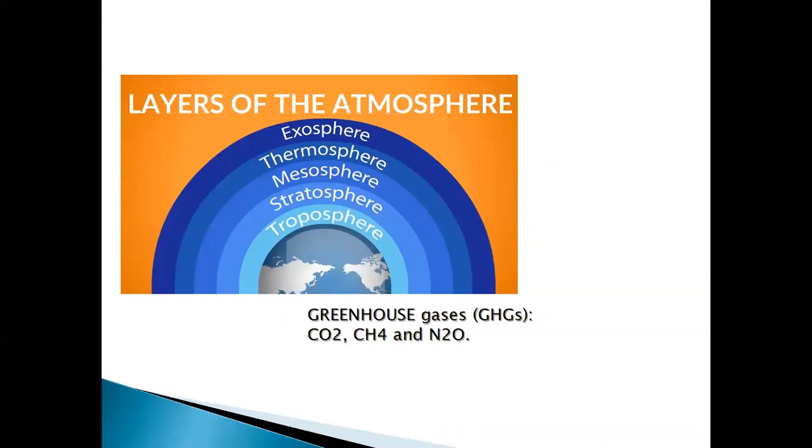No, they don't destroy the ozone layer. Good job. What they do, ¿qué hacen? ¿Qué van a producir en la Tierra? What are they going to produce in our environment? The heat of our planet. Good job, Julian. Yes.